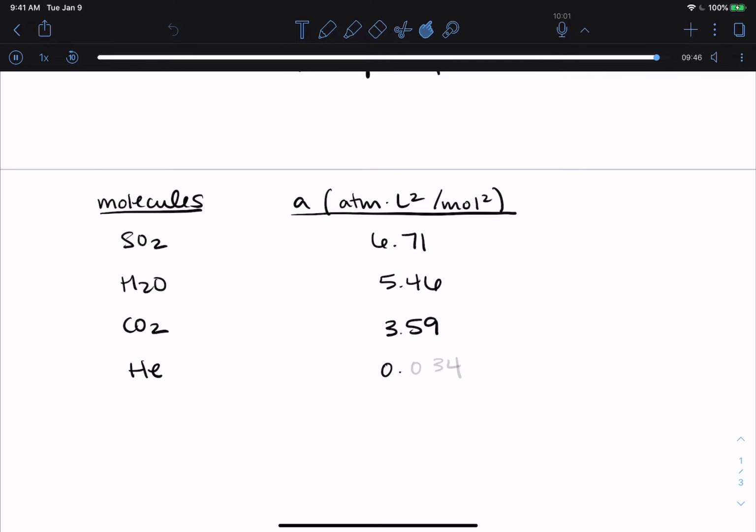The correction factor here is 0.034. So whatever is going on in helium, it's not affecting this pressure very much, which is why we see behavior that's very close to ideal behavior.